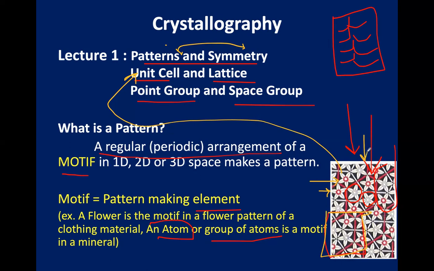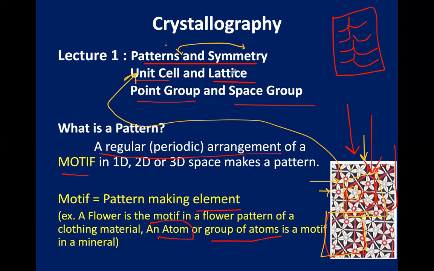So in that case you have to select the smallest one, and that is defined as a unit cell. This unit cell defines the repeating structure of the crystal. Even the bigger repeating structure that you observe here as the hexagon is made up of several unit cells, right? So you don't need to take that as the repeating unit, but you have to take the smallest unit as the repeating unit for a crystal. That is called a unit cell.